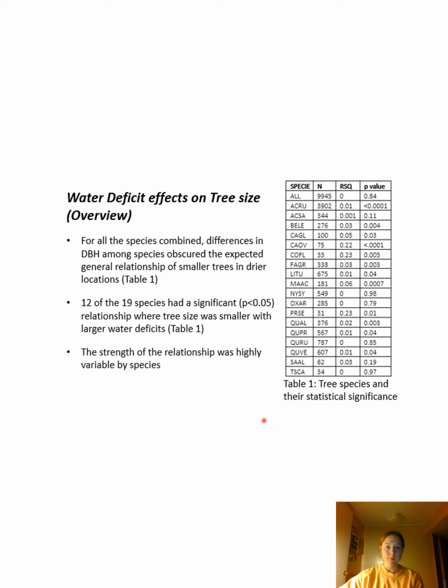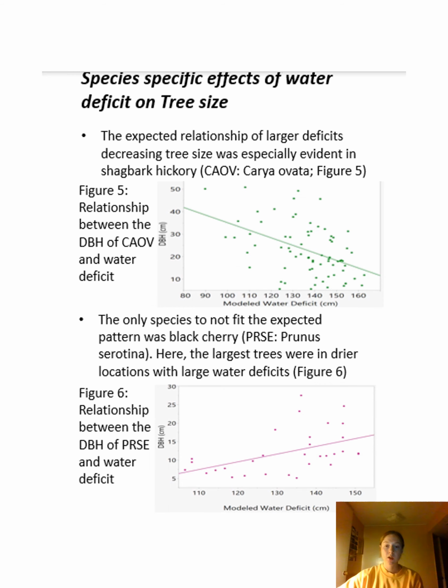And when we began comparing all the 19 tree species and their DBH, their tree growth, we didn't really see a significant relationship. It wasn't until we started to break apart these species on an individual level and look at their relationship with water deficit and tree growth by DBH that we started to see our expected relationships form.